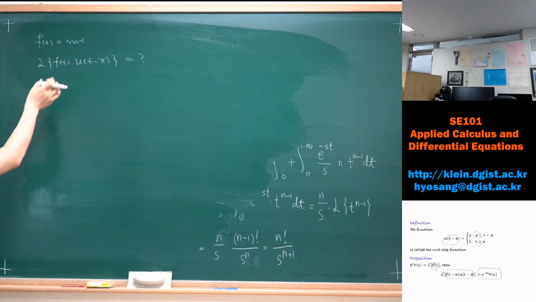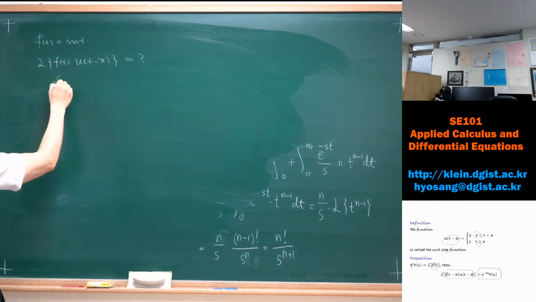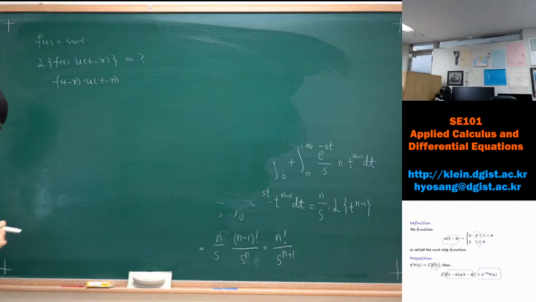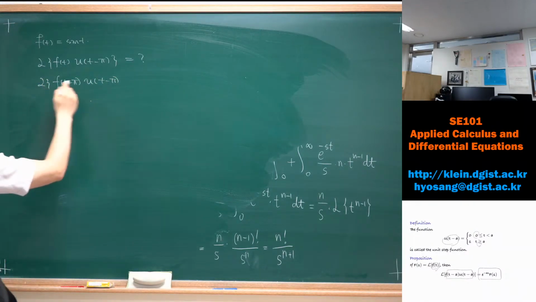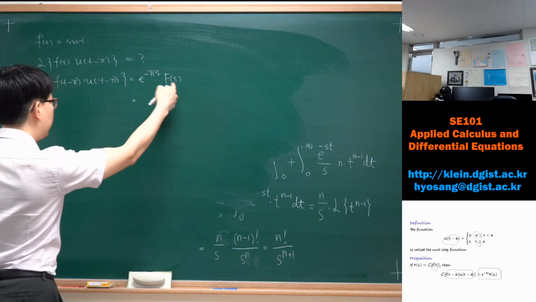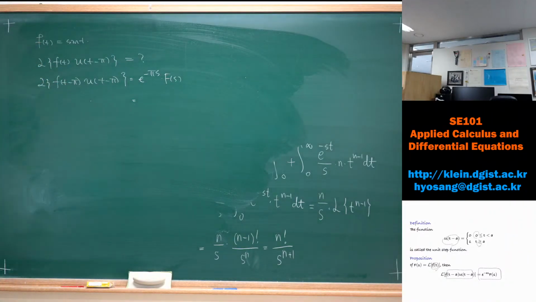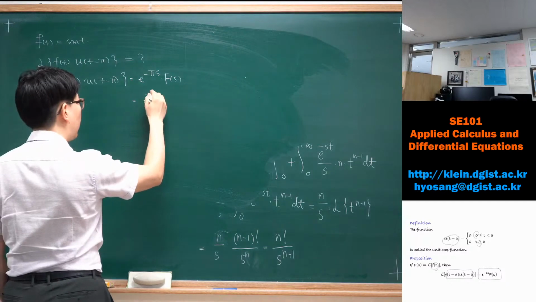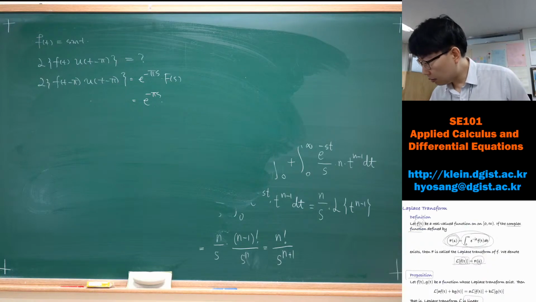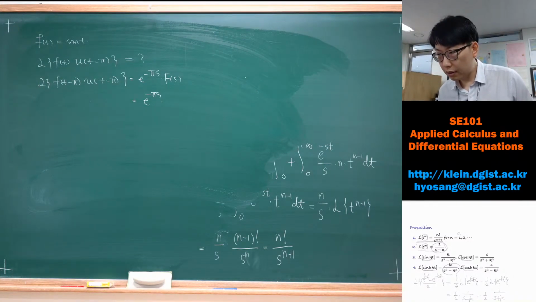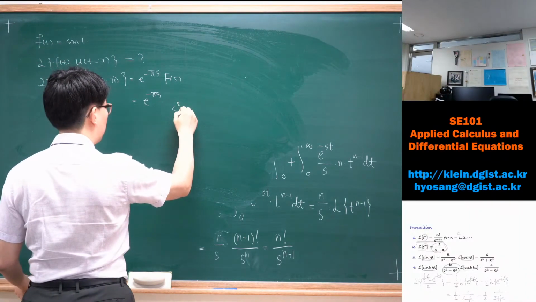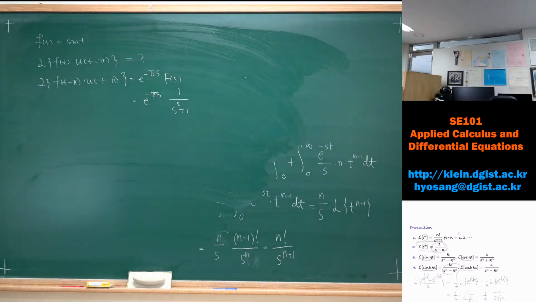What we know is the Laplace transform of f of t minus pi times u of t minus pi. We know that this Laplace transform is e to the minus pi s times F of s, where F of s is the Laplace transform of f of t. So e to the minus pi s times the Laplace transform of sine, which is 1 over s squared plus 1.